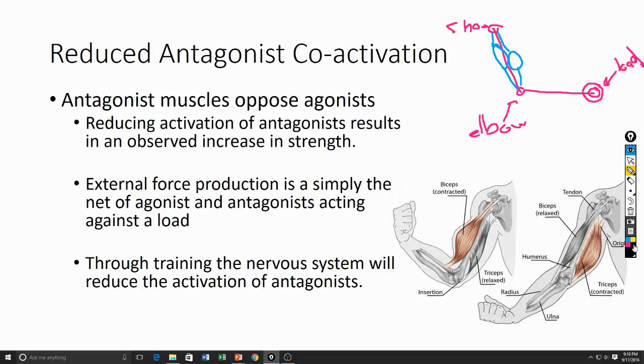If I have this going on, and I say I want to curl this weight up, my bicep is what I want to have activating. That's what I'm targeting, if you will. I'm going to try to activate my bicep, and the bicep is going to pull on its bone, and it's going to pull it up toward the shoulder.